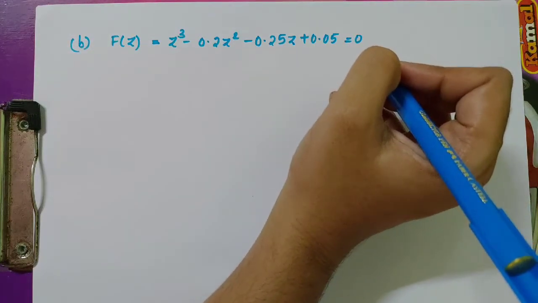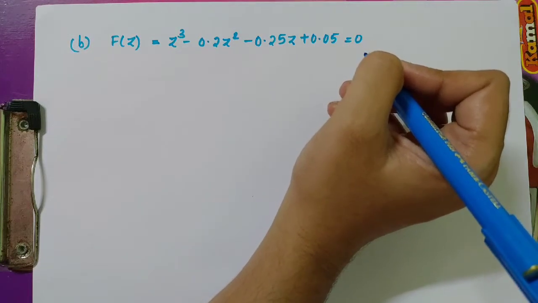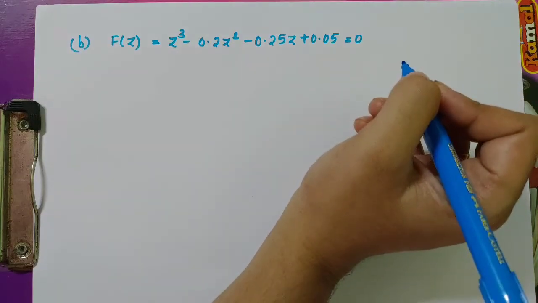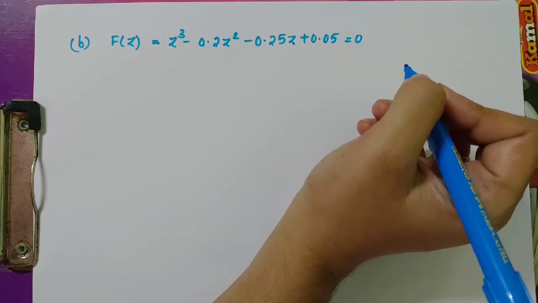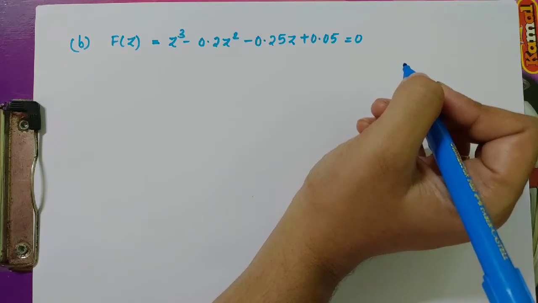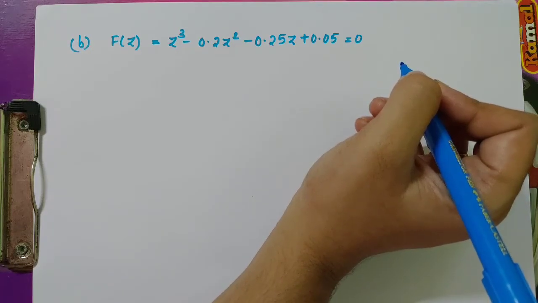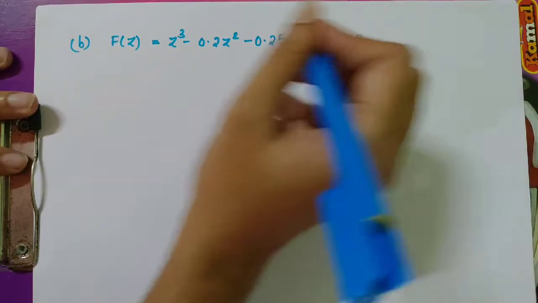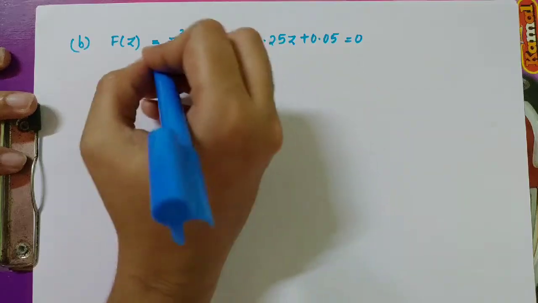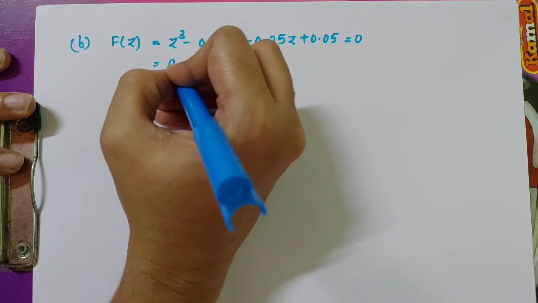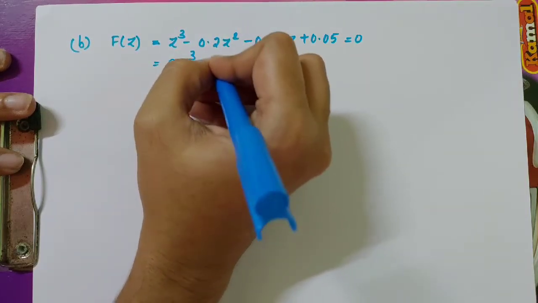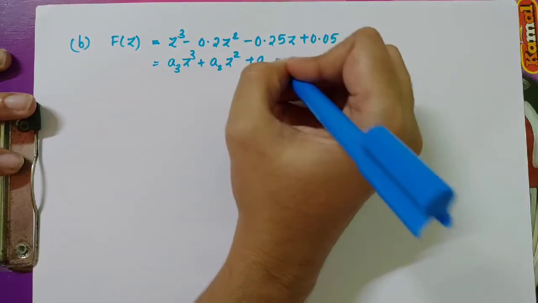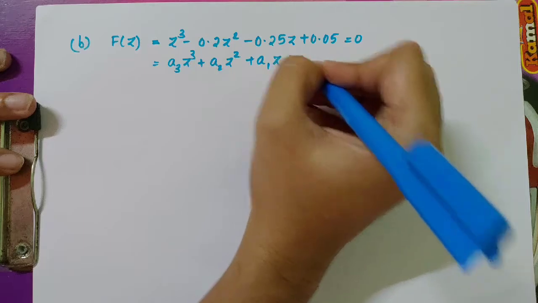Okay, 5 മാർക്സിന് നിങ്ങൾക്ക് 2 പ്രാവശ്യം ചോദിച്ചിട്ടുള്ളത് 2018 ഡിസംബറിലും 2019 മെയ്യിലും ചോദിച്ചിട്ടുള്ളത് ഈ ക്വസ്റ്റ്യൻ ആണ്. ഓക്കെ, ദാറ്റ് ഈസ് ഓഫ് ദ ഫോം A3 Z cube plus A2 Z square plus A1 Z plus A0.